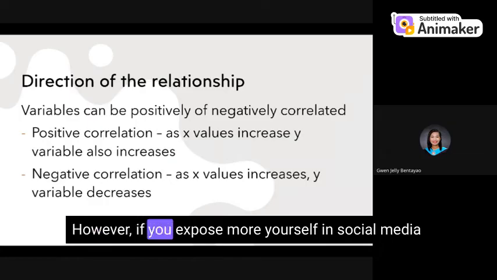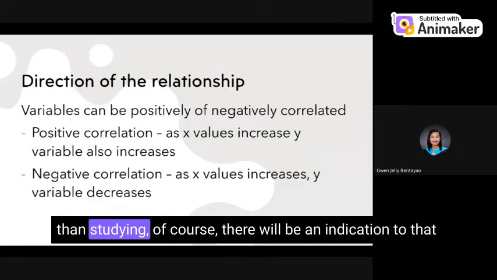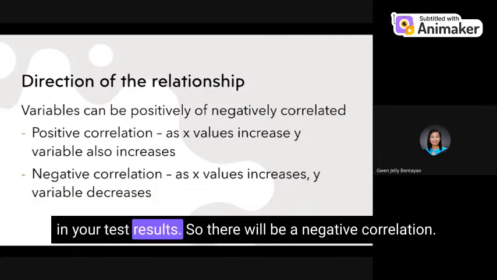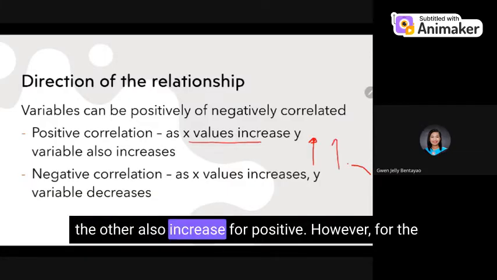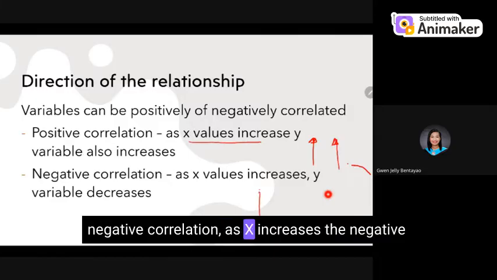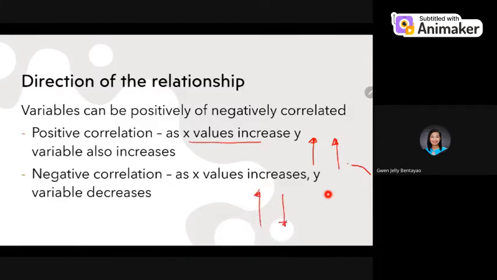However, if you expose yourself more to social media than studying, of course, there will be an indication of that in your test results. So that is a negative correlation. The keyword there is that as x increases, the other also increases for positive. However, for negative correlation, as x increases, the other variable decreases.